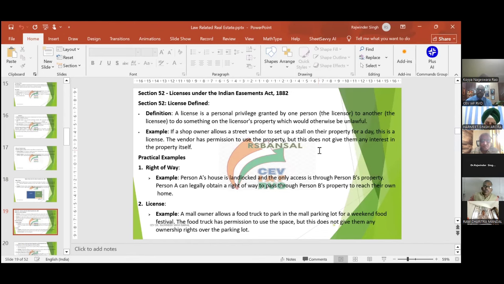A license is a personal privilege granted by one person, who is called a licensor, to another person, who is called a licensee, to do something on the licensor's property which would otherwise be unlawful. And there are three terms: lease, rent, and license. All three terms are different, with different meanings and different rights on the property.